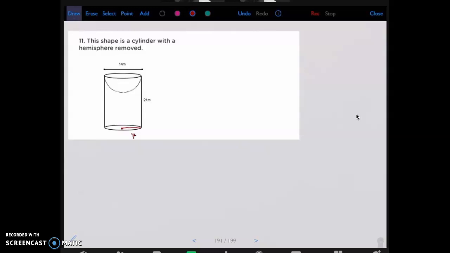So the hemisphere, let's do it real quick, is going to be 4 pi r squared. Oh, almost made a classic mistake saying the diameter and the radius were the same. But then I have to divide by 2 because it's a hemisphere. So 49 times 4 divided by 2 is 98 pi.